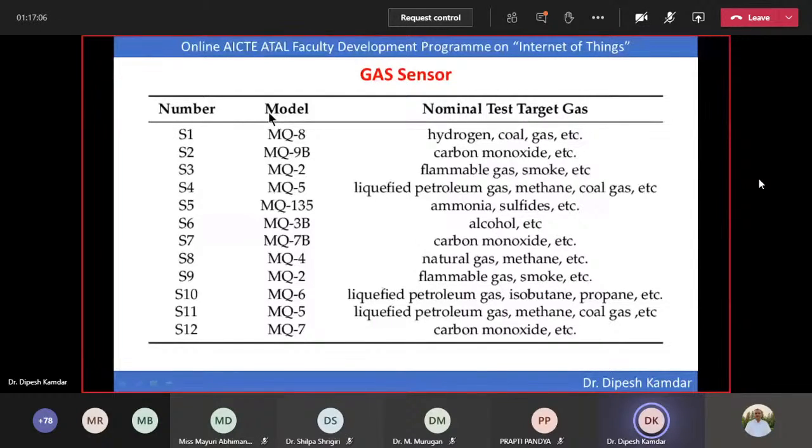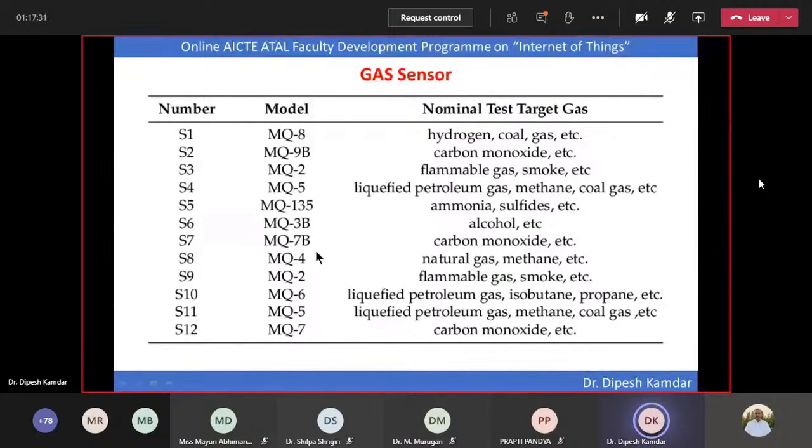Like MQ8 is used for hydrogen, coal gas. MQ9B is a carbon monoxide sensor. MQ2 is used for flammable gases or smoke. MQ5 for liquid petroleum gas, methane, coal gas. MQ135 is for ammonia or sulfide type of gas.